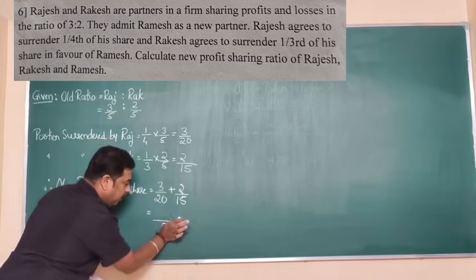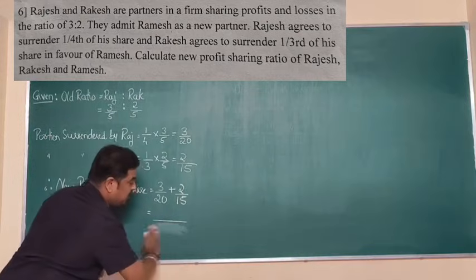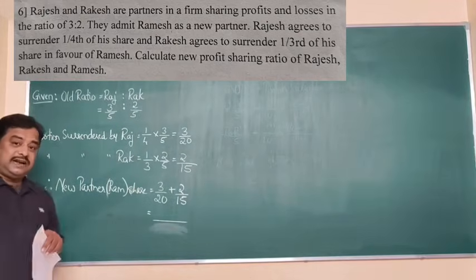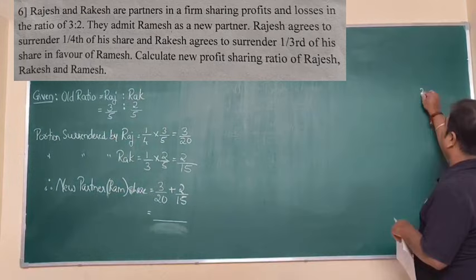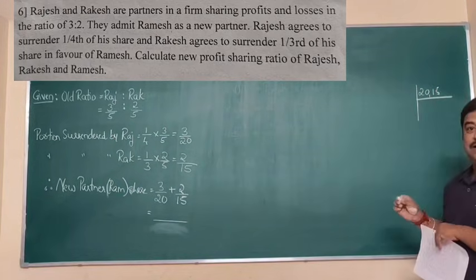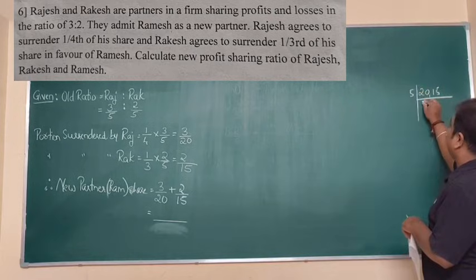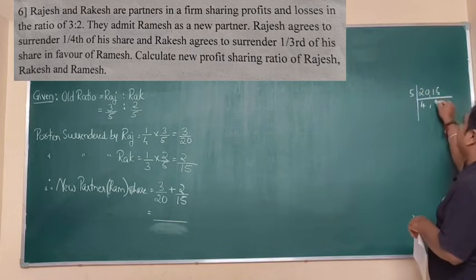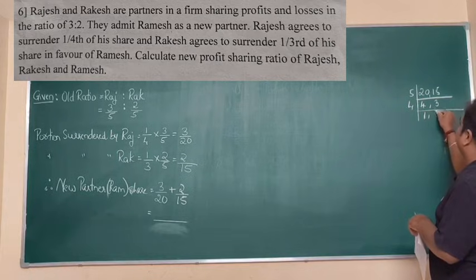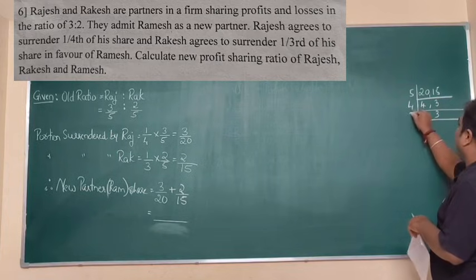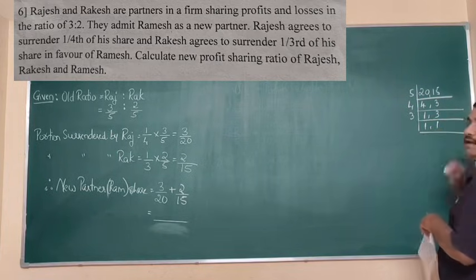Or simply one more way, if you are finding this so difficult, let us go back to our school days. How did we used to find the LCM of 20 and 15? School days method. 5 4s are 20, 5 3s are 15, 4 1s are 4, 3 1s are 3.